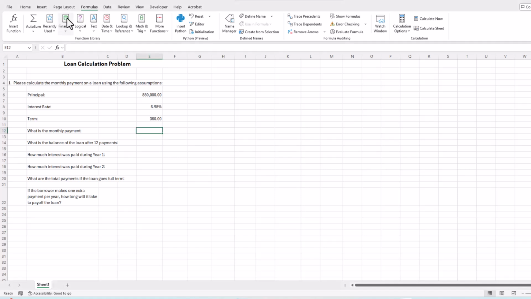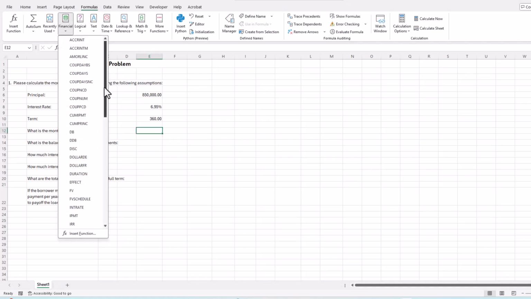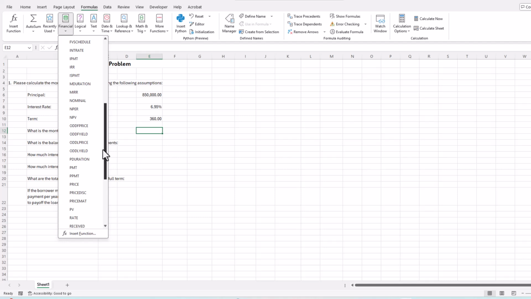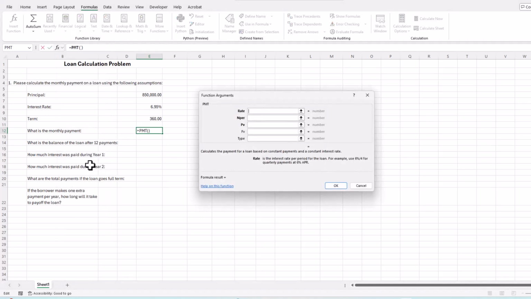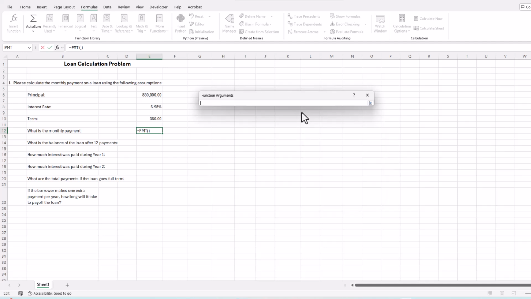First, I go to Financial, go down to Payment, PMT, this one. This is your input sheet, so let me work through that. First, what's the rate? Click on this arrow, 6.95. But the loan is paid on a monthly basis, so we want to divide that 6.95 by 12.